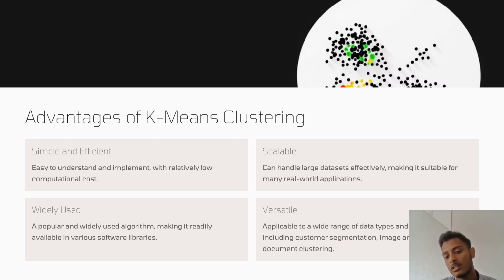Scalable, can handle large datasets efficiently, making it suitable for many real-world applications. Widely used, a popular and widely used algorithm, making it readily available in various software libraries. Versatile, applicable to a wide range of data types, and it includes customer segmentation, image, and document clustering.